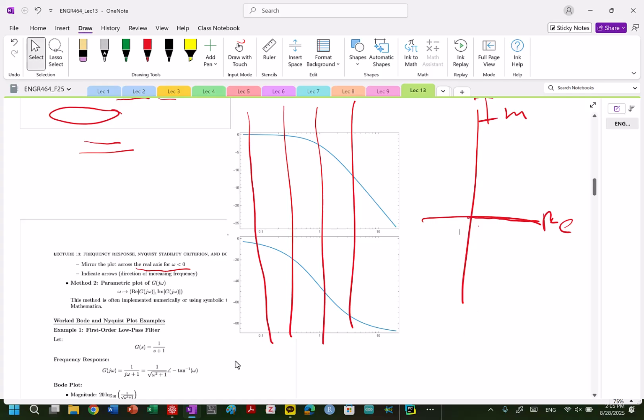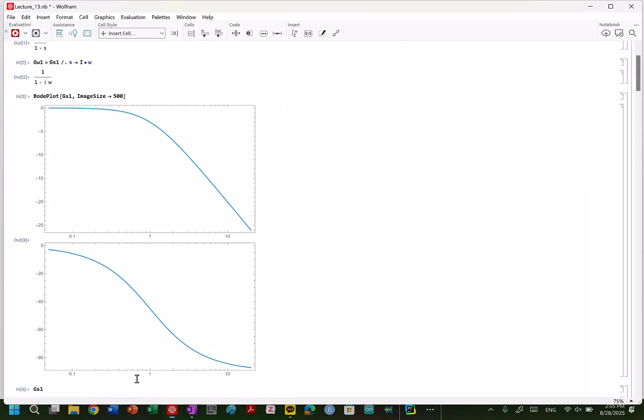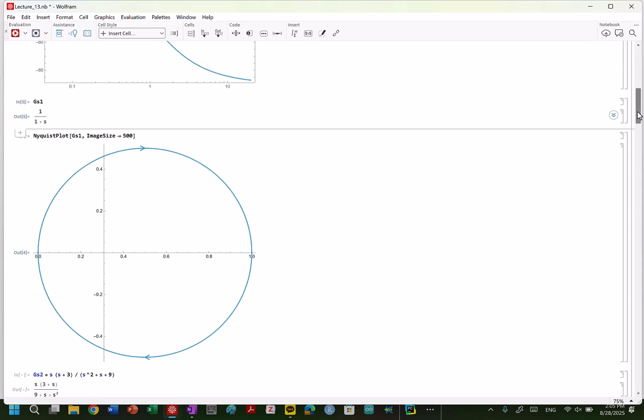So if I look at it here, we can see where it's going to move, and the arrows indicate that.